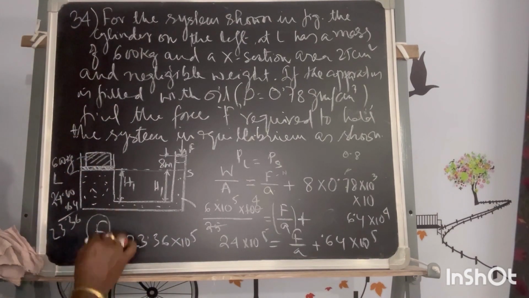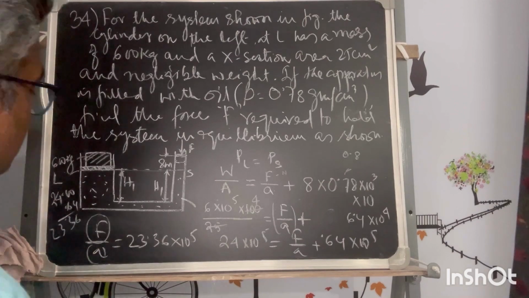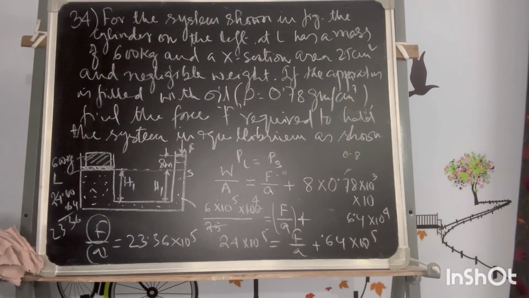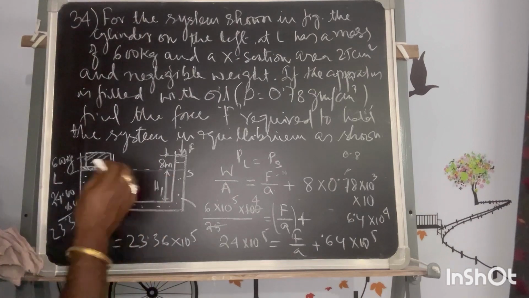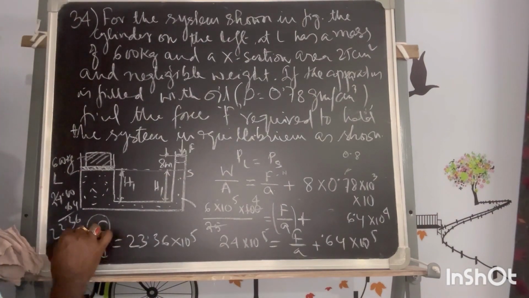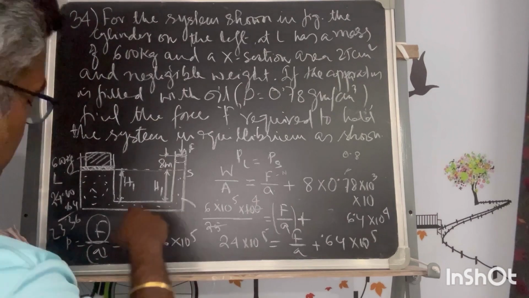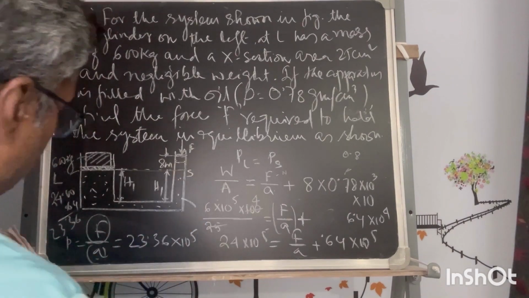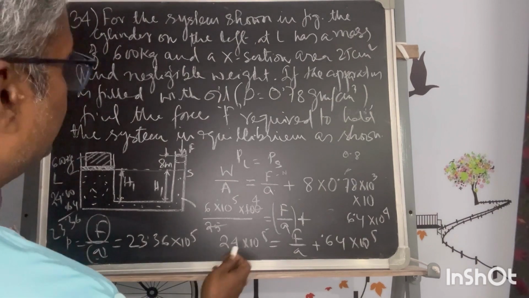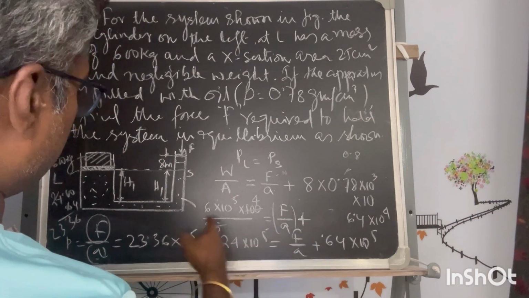Now force, if you have to calculate, A must be known, but unfortunately I might have forgot or they might have forgot to give it. Without that I will get only the pressure, but pressure multiplied by the cross section will give you the force required to balance this.